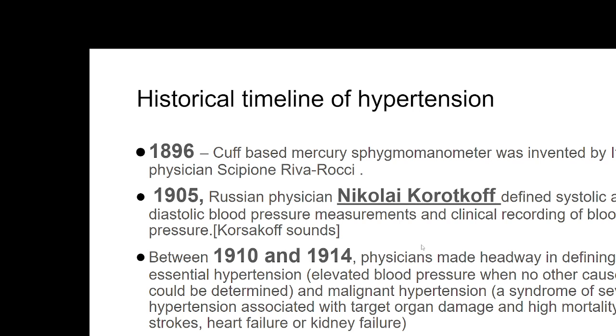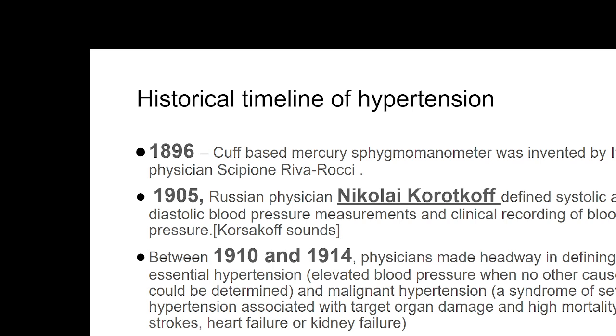Anyway, as far as the circulatory system is concerned, one of the important parameters would be the circulatory pressure. Now, measurement of the circulatory pressure itself is a very complex issue.